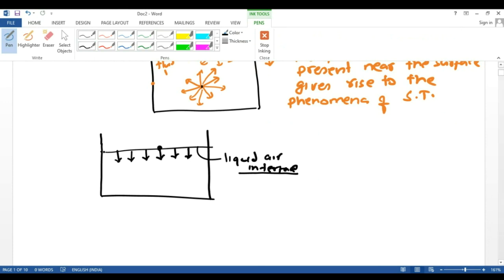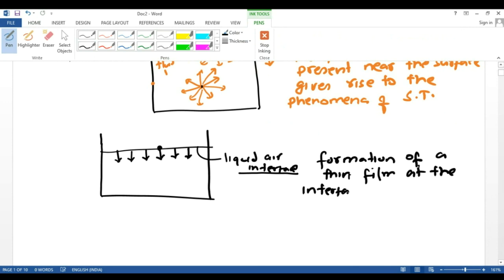So since all the molecules on the surface are acted upon by a net cohesive force in downward direction, it leads to a sort of increase in pressure, or you can say that it leads to what we call formation of a thin film at the interface, which is under some tension.